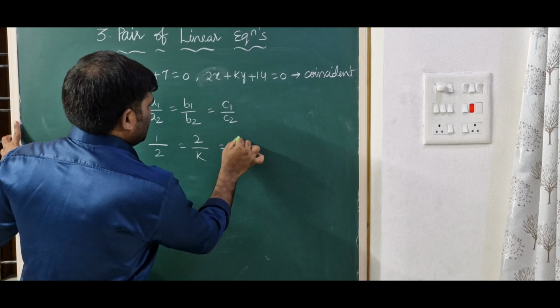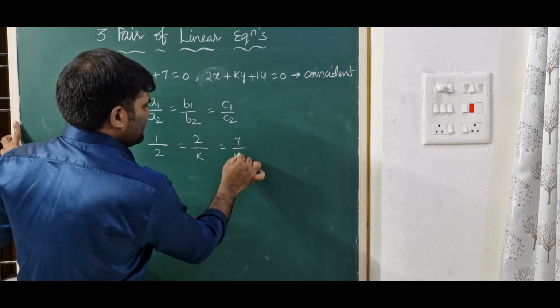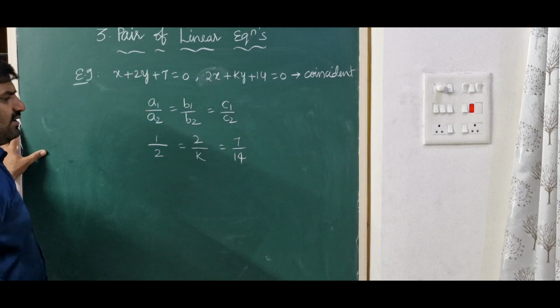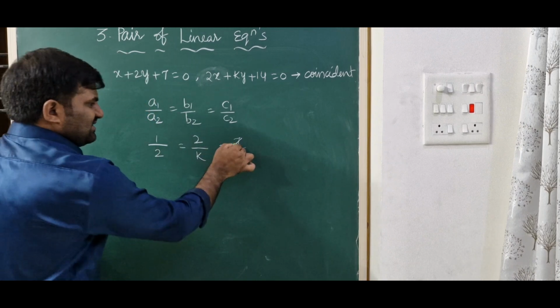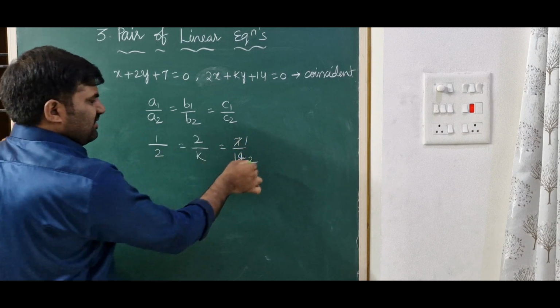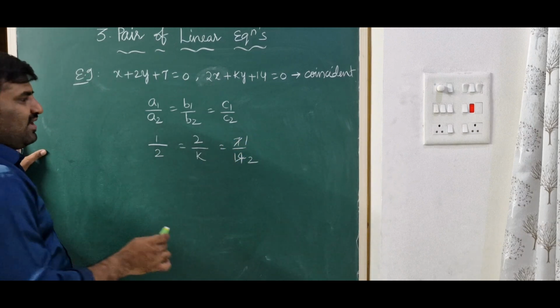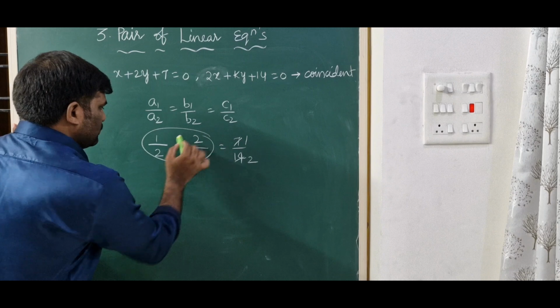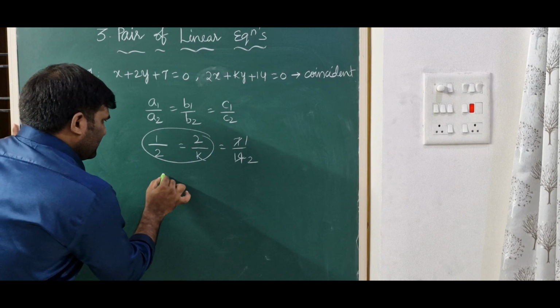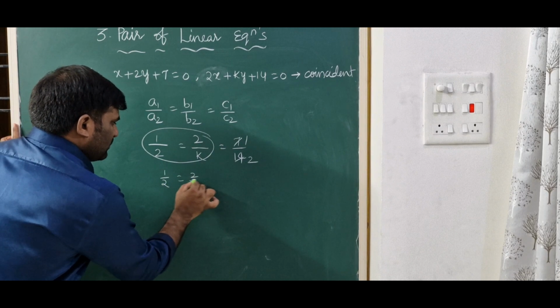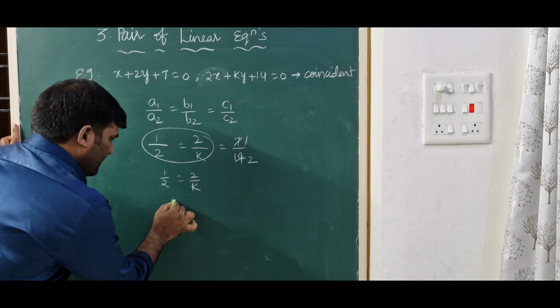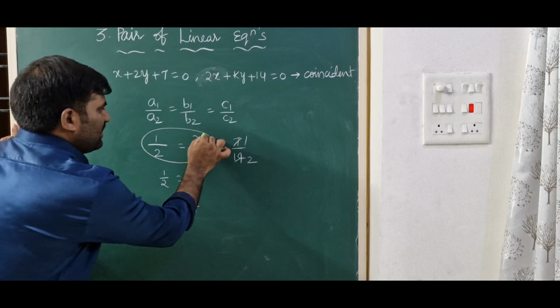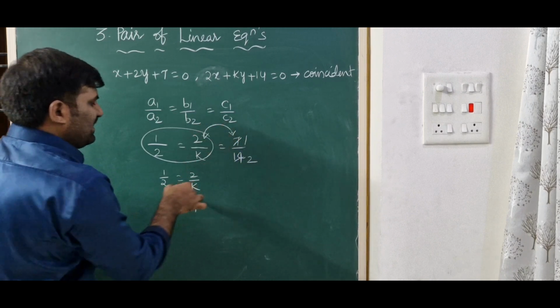Third, c1 is 7 and c2 is 14. Now we are getting numbers in a1 by a2 and b1 by b2, and only one unknown variable is there. That's why I am taking only these two. According to this, 1 by 2 is equal to 2 by k, cross multiply, k is equal to 4. Even if you equate the other two, you will get the k value as 4.